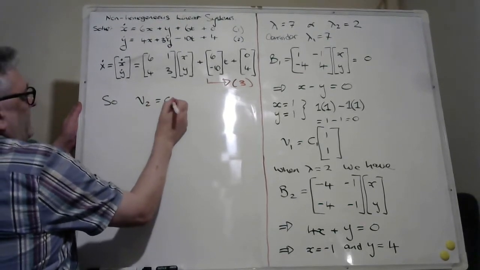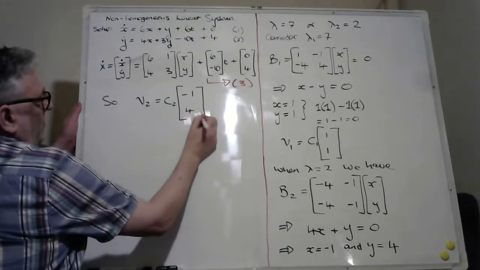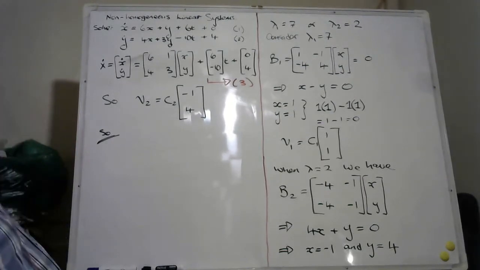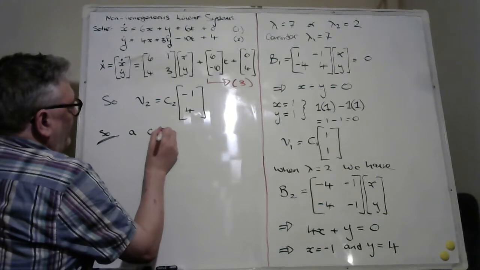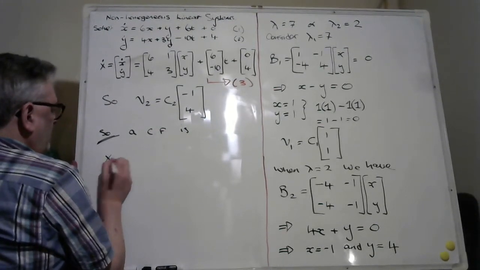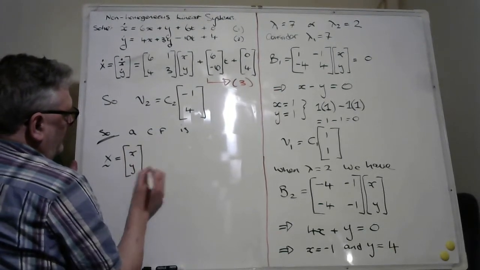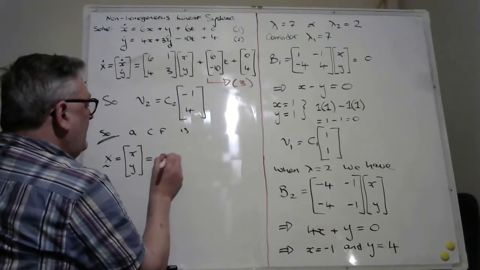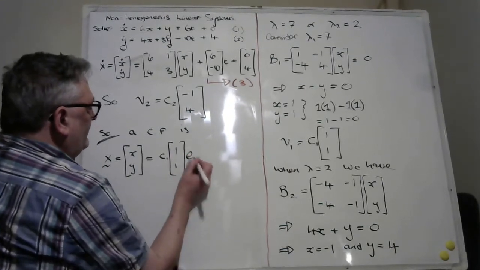So V2 equals C2 times minus 1 and 4. So a complementary function is x equals x, y for the vector equal to C1 times 1, 1 times the exponential.